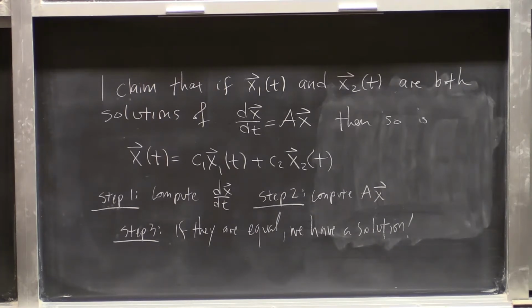So if I ask you for the derivative of a sum, if I ask you for d/dt of cosine t plus t squared, is that the same thing as d/dt of cosine t plus d/dt of t squared? Yes. And if I ask you for d/dt of 8 times cosine t, is that the same thing as 8 times d/dt of cosine t?